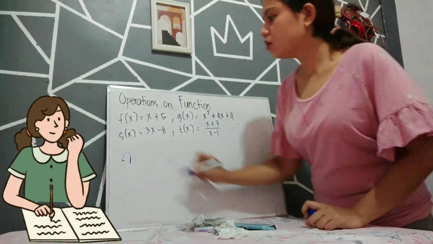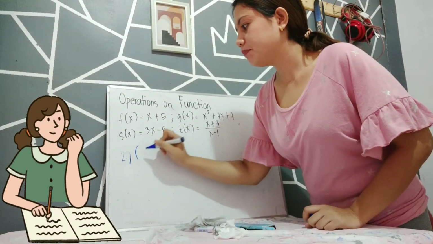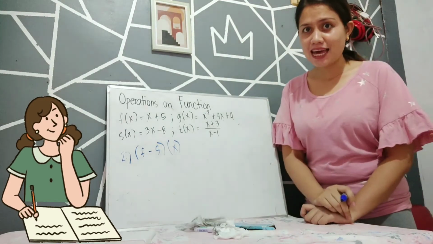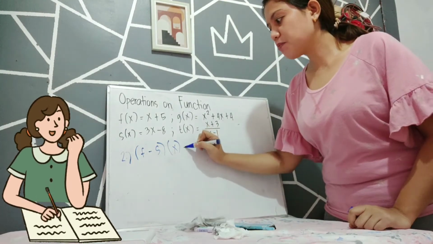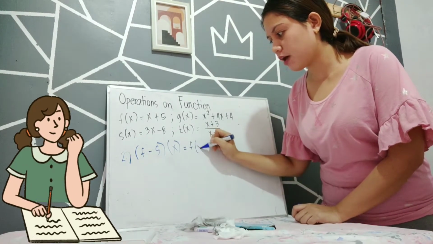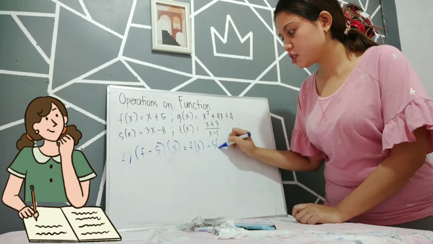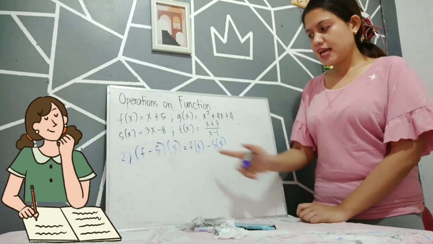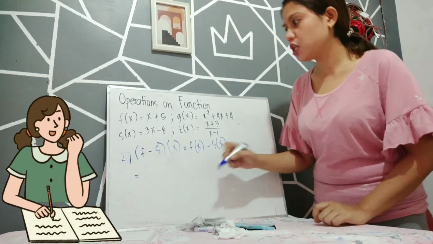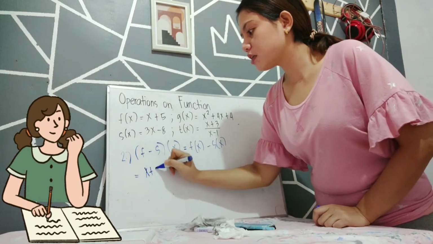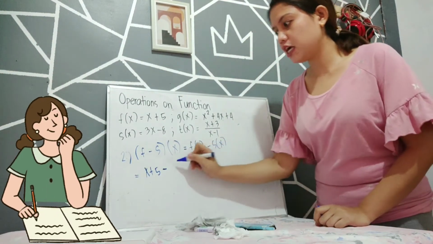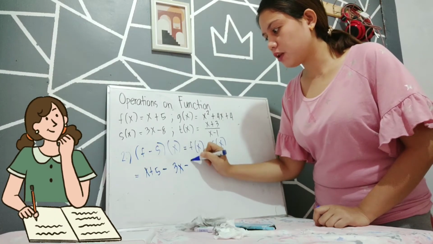Okay, how about f minus s of x. Always remember that our first step is we need to rewrite it into its equivalent value. So we have f of x minus s of x. Then the next step is to replace this with its equivalent function. So we have x plus 5 minus, you copy the minus, s of x is 3x minus 8.